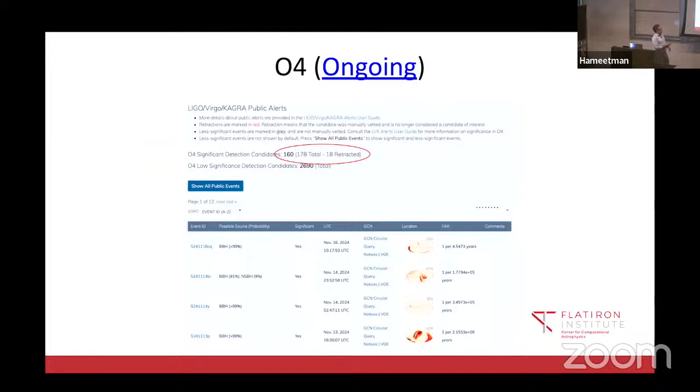Over the course of the last year or so of the fourth observing run, we've got an additional 160 candidates. We'll be deep into the 200s by the time this run concludes. Presently, we're detecting binary black hole mergers at the rate of about 1 every 3 days. The overall rate in the universe is about 1 every 30 minutes. So we have a long ways to go.